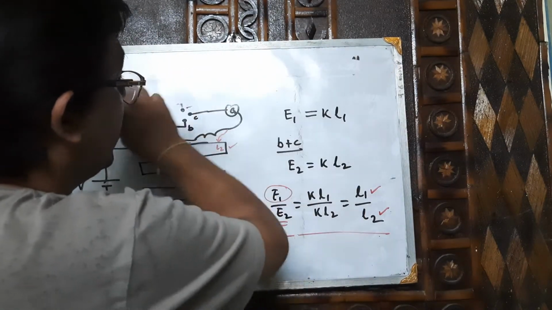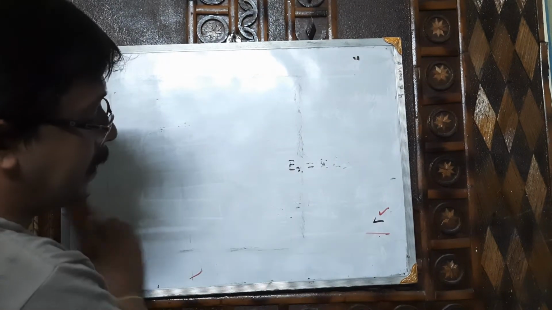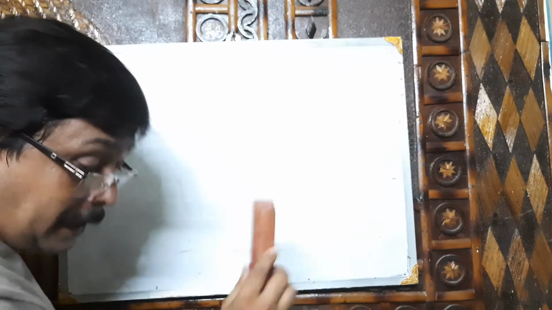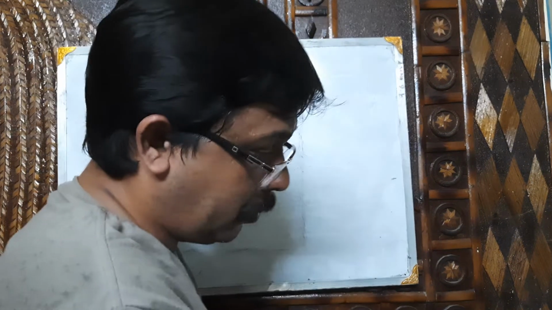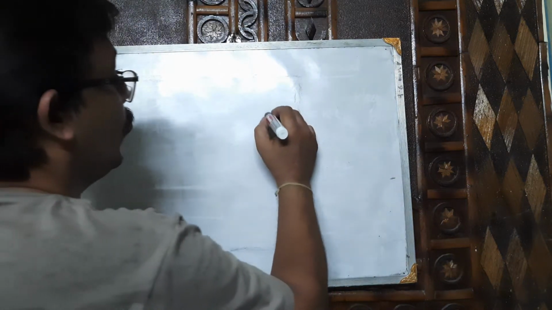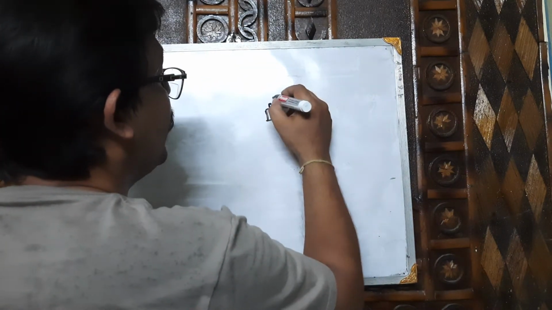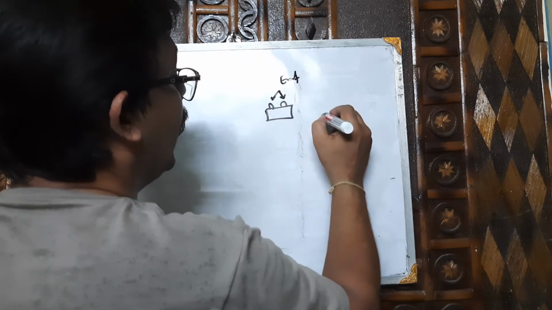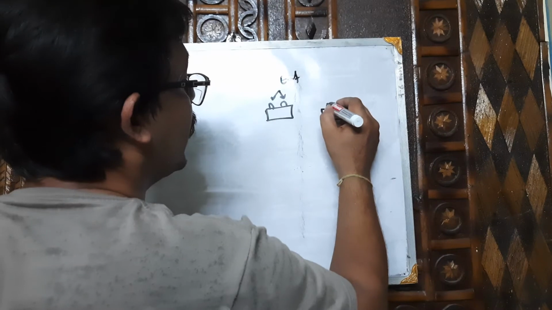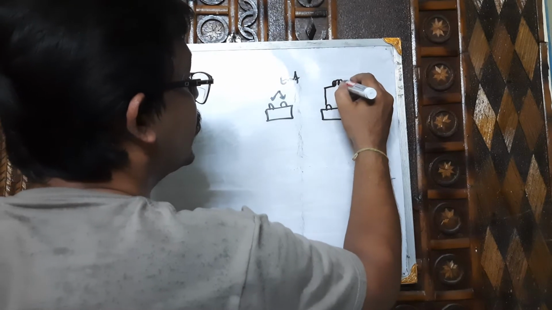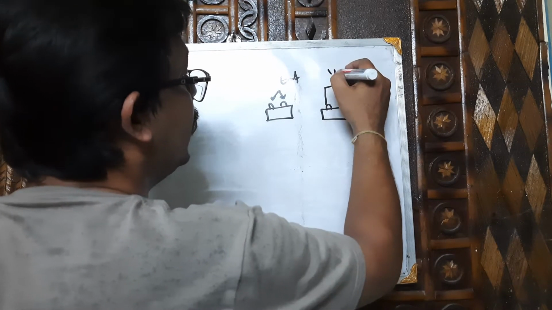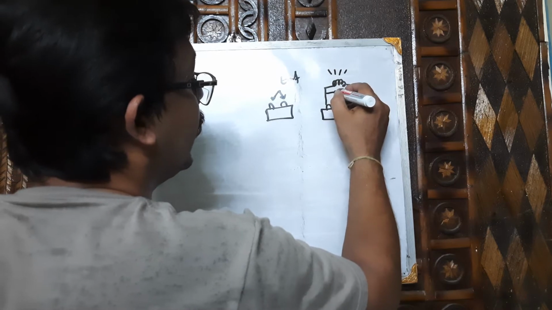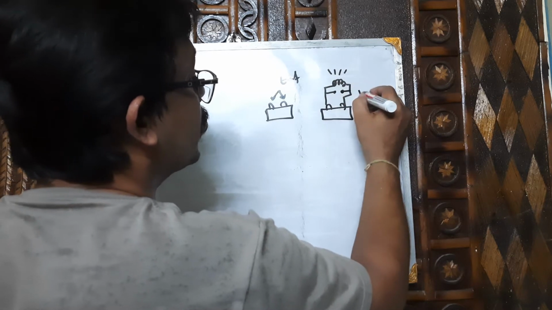Another application is to find out the internal resistance of the battery. Now to find out the internal resistance, let me recall about the EMF and voltage once more. You know that when the battery is open, if you measure the energy difference between the two ends, this is called EMF. And when the battery is connected with an external circuit, suppose one bulb is connected, the energy difference between these two ends is called the voltage.